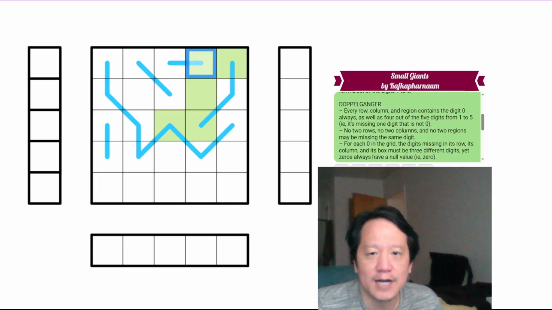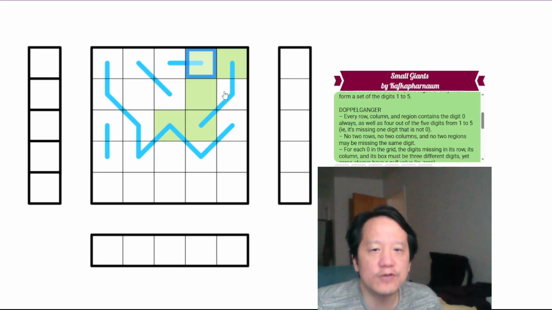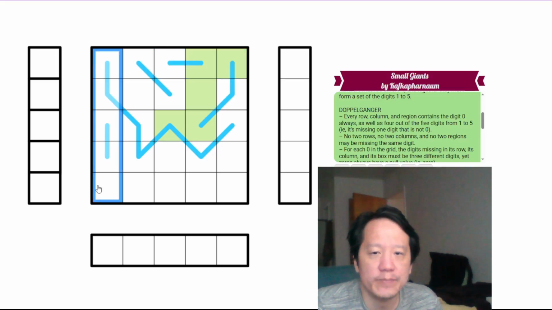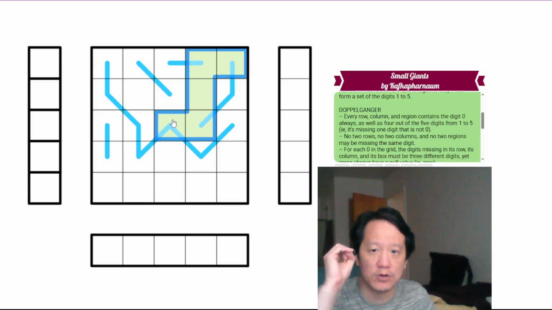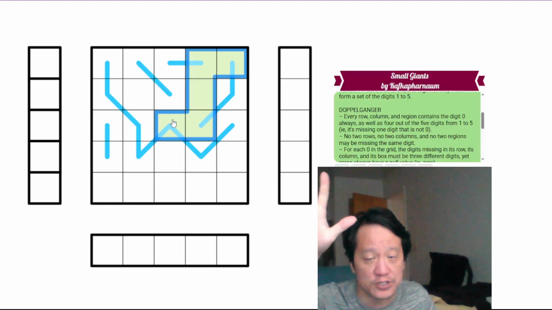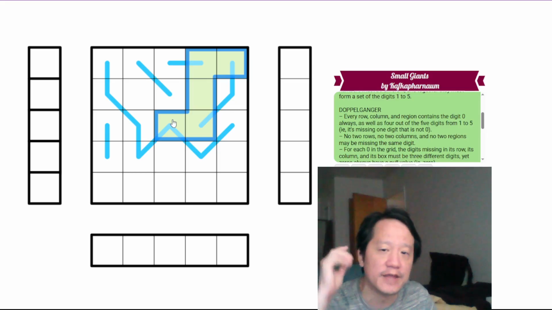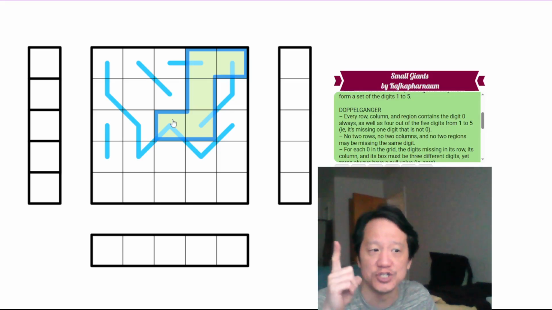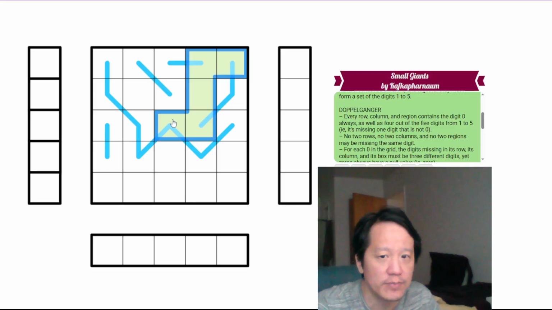Okay, let's get to the doppelganger rules. Every row, column, and region contains the digit 0 always, as well as 4 out of the 5 digits from 1 to 5. That is, it's missing one digit that is not 0.